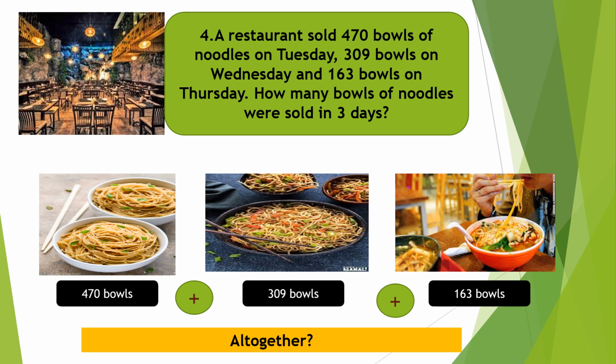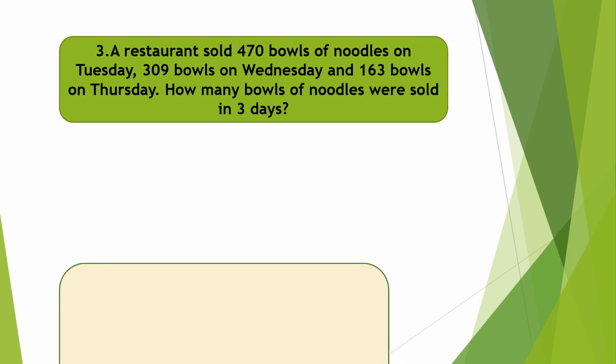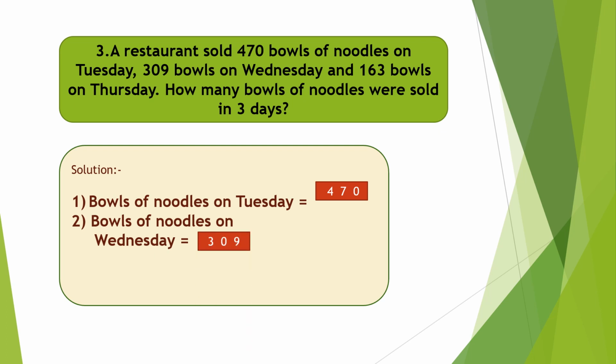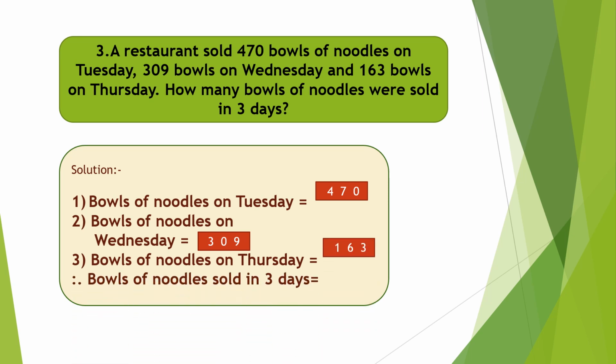So let's write the solution. And let's find the answer. Solution. Number 1. Bowls of noodles on Tuesday, 470. Bowls of noodles on Wednesday, 309. Bowls of noodles on Thursday, 163.